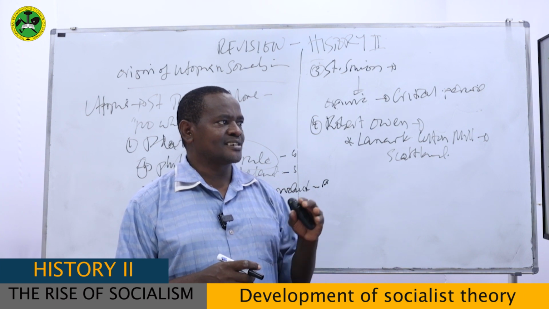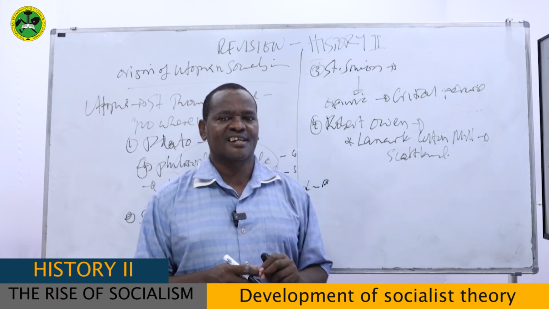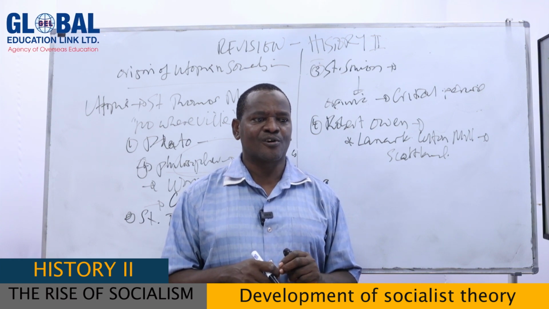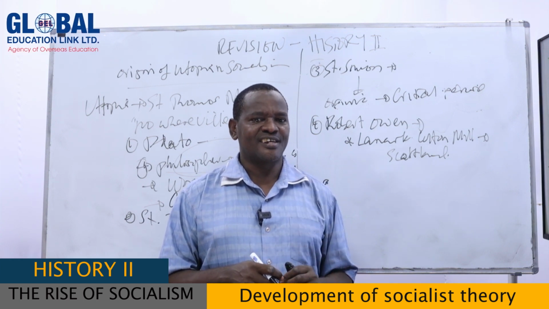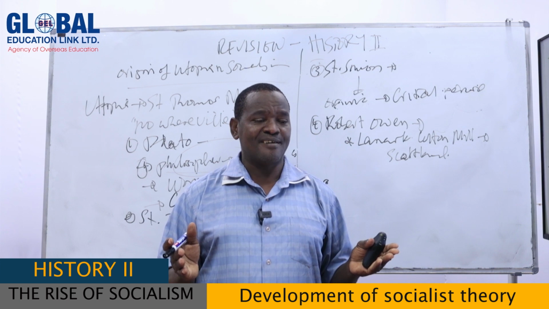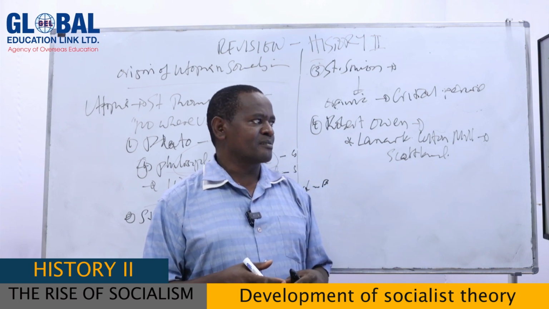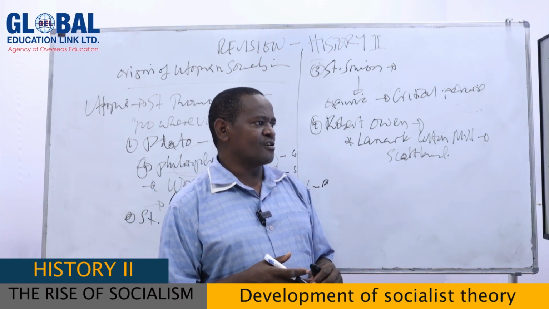Later he went to the United States of America. He bought another industry and established a community called New Harmony in Indiana, also thinking that people were going to copy. Unfortunately, in the end he went bankrupt. But this is the idea of Robert Owen.